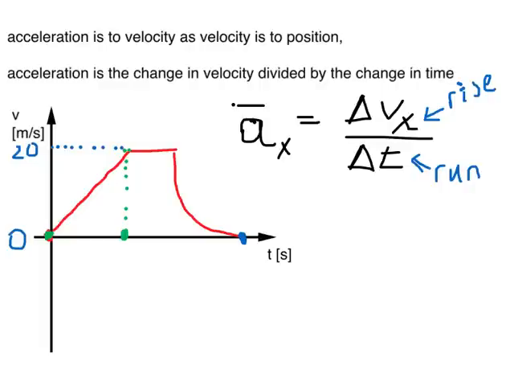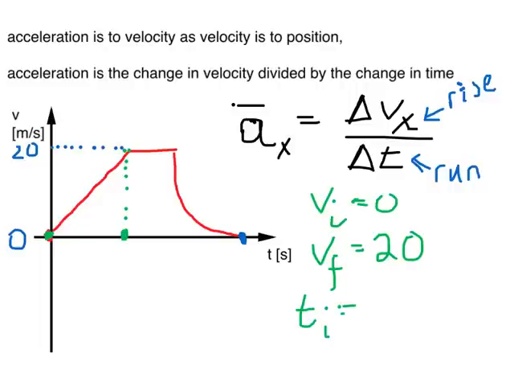Well, if we wanted to find the average acceleration, then we would say, okay, my initial velocity would be 0. My final velocity in this case, we know is 20. How long did it take? Well, my initial time is defined still to be 0. And my final time, let's make this 5 seconds or so.